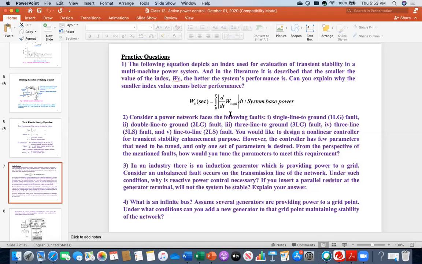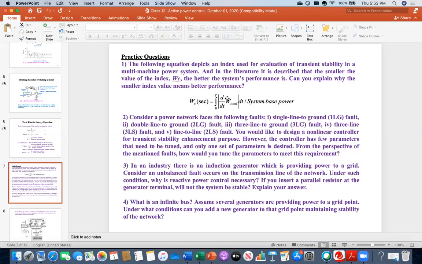Why am I taking the time derivative? Because during a fault, that kinetic energy is changing. So what is the rate of change? That is the meaning. And then I am taking an absolute value, and then dt, integrating from 0 to t, and then dividing by the system base power. That's why ultimately the unit is seconds.